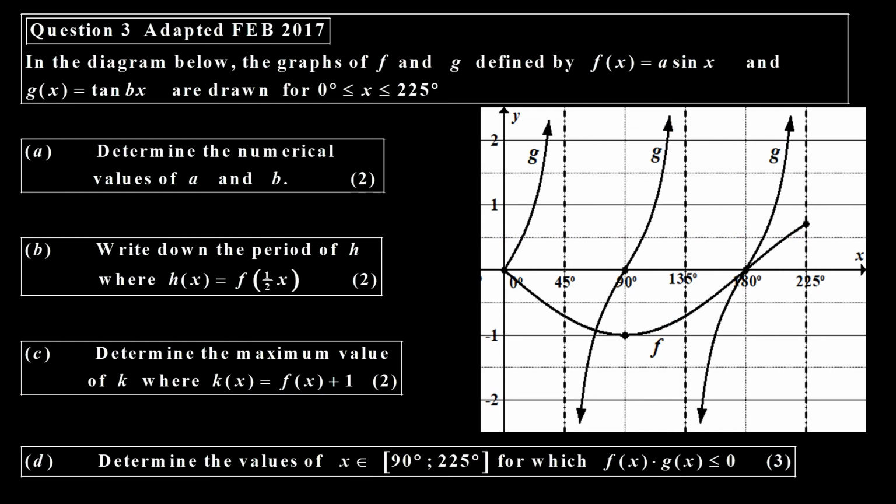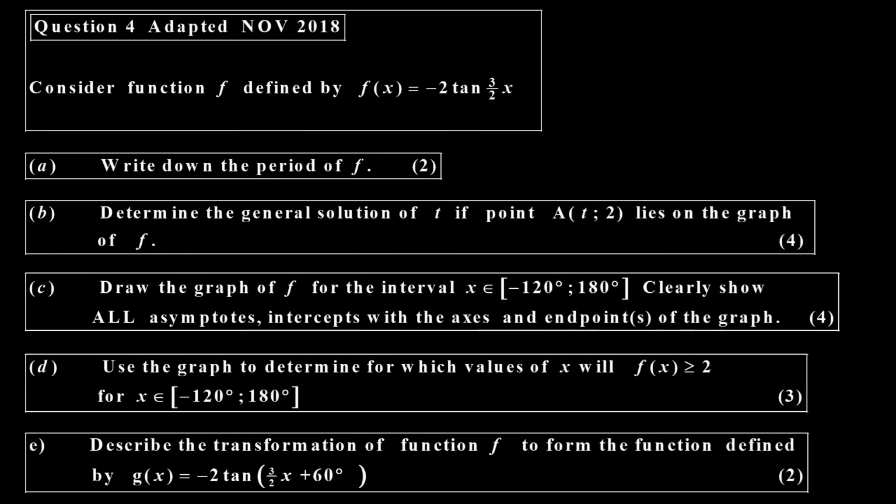Let's look at the third one. Here we've got a tangent and a sine graph. Again, some numerical values. Find the period, find the maximum value, and then here we have an interpretation. And then I have one more question, November 2018. This is just the tangent.